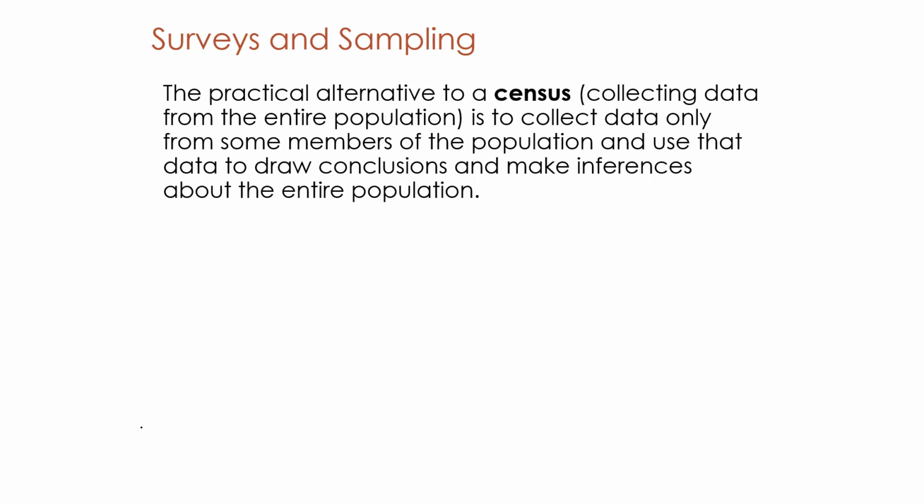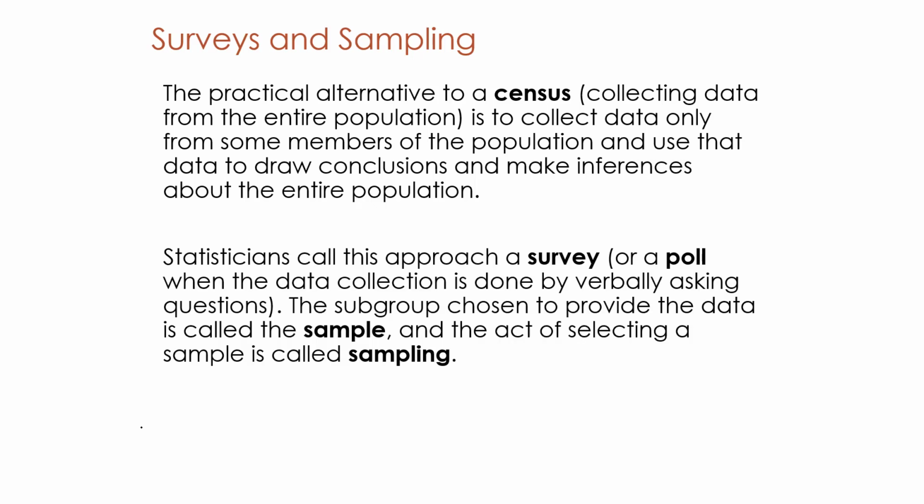Surveys and sampling. The practical alternative to a census, collecting data from the entire population, is to collect data only from some members of the population and use that data to draw conclusions and make inferences about the entire population. Statisticians call this approach a survey, or a poll when the data collection is done verbally, asking questions.